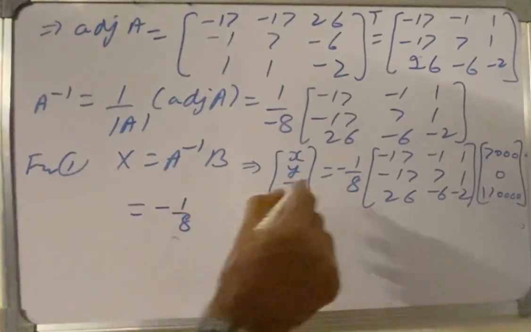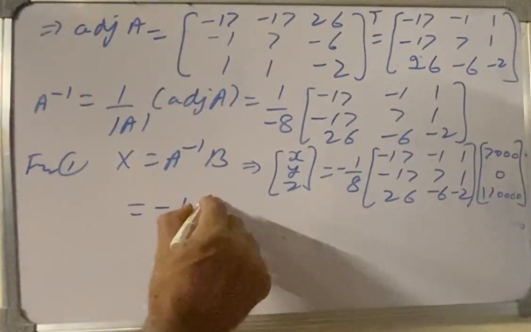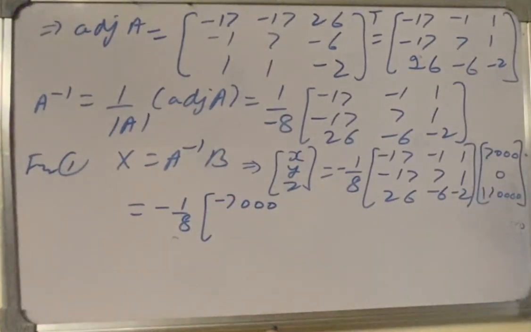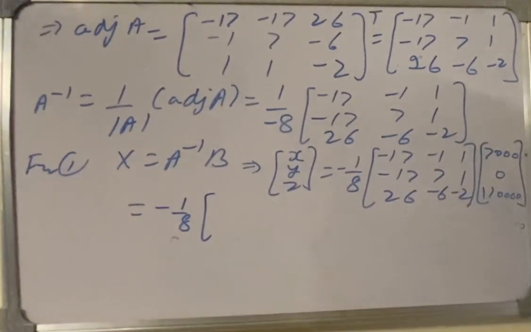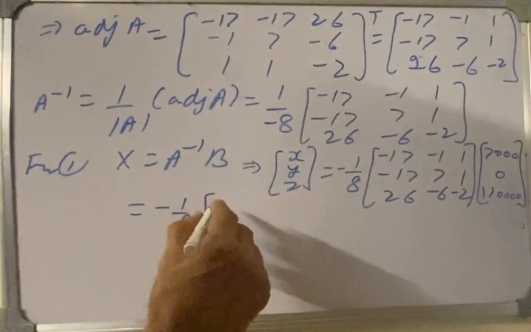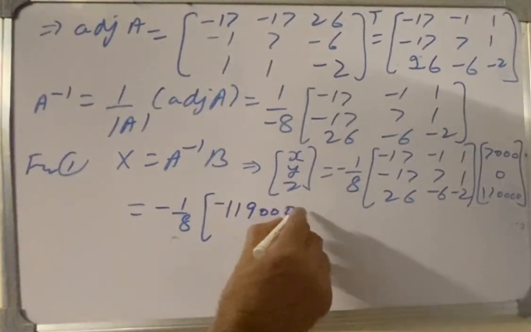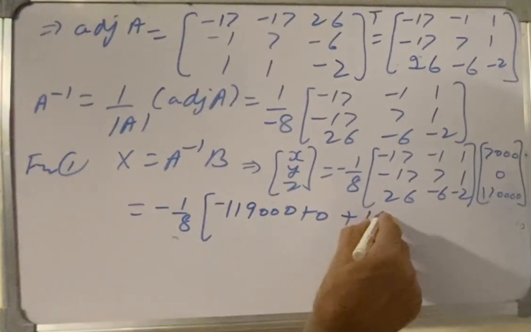It is minus 1 over 8 into the first row with this column: minus 17 into 7,000, it will be minus 1,19,000, plus 0, plus 1,10,000.